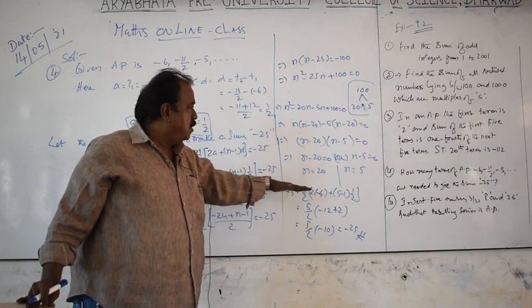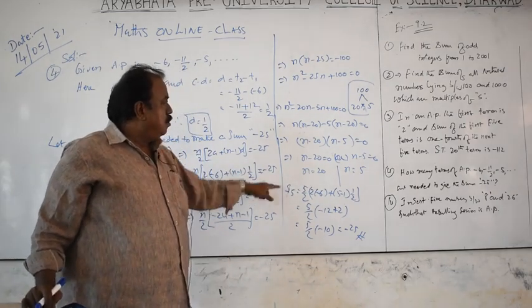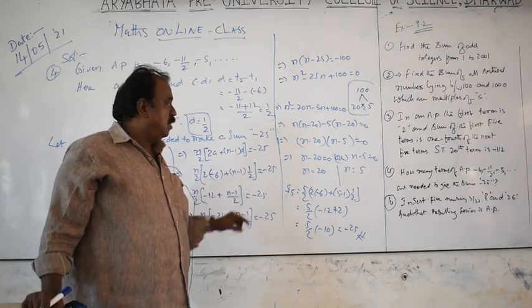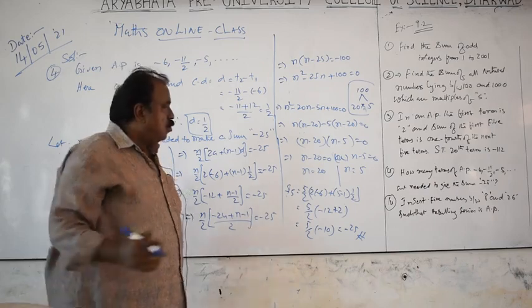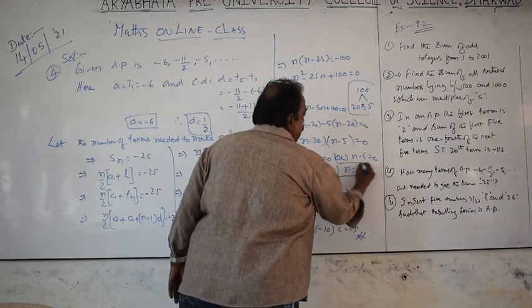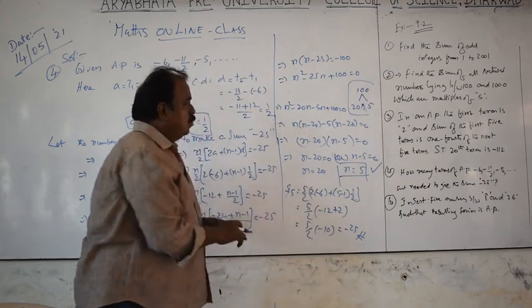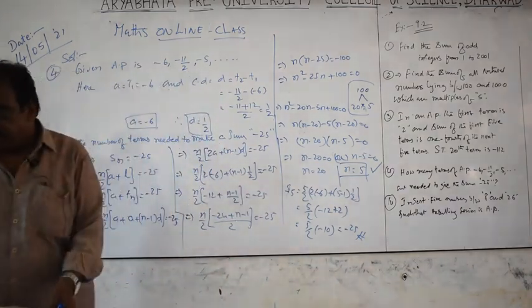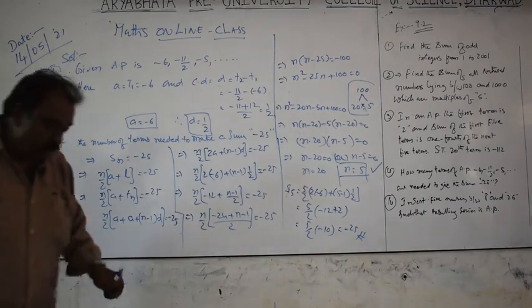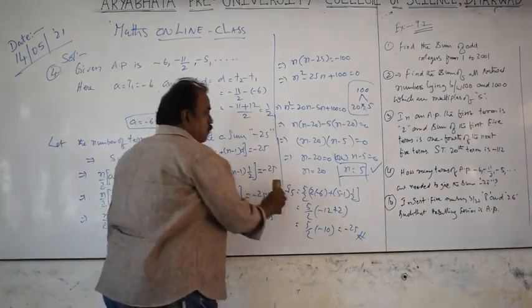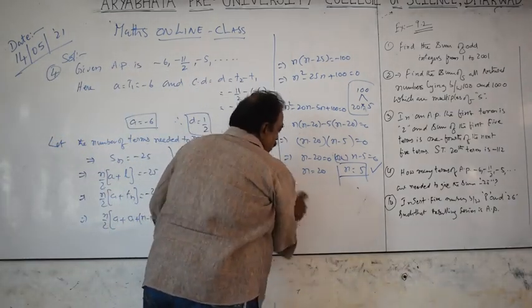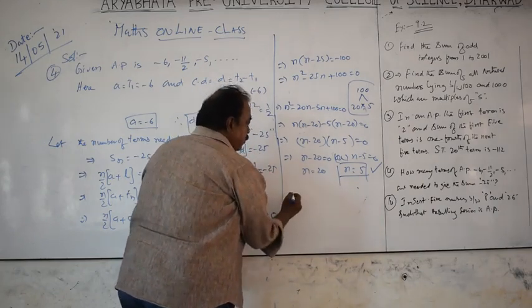For your sake, I am giving this one. Similarly, you solve it. Which one is correct? So this is a correct one. But in the solution, you don't write this one. Like this also, you verify.